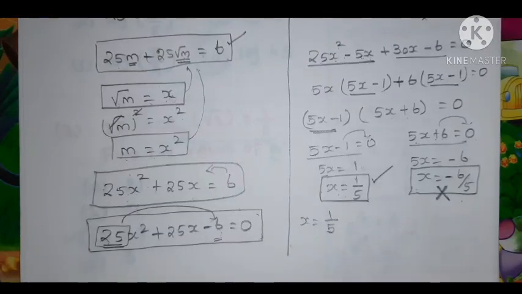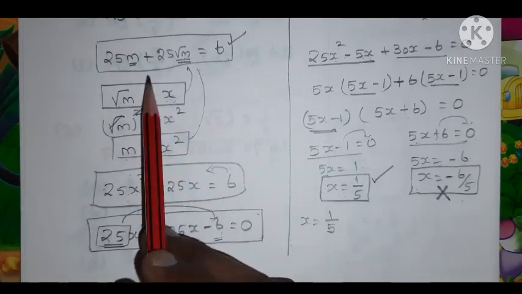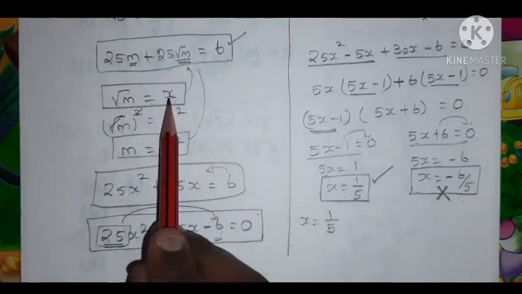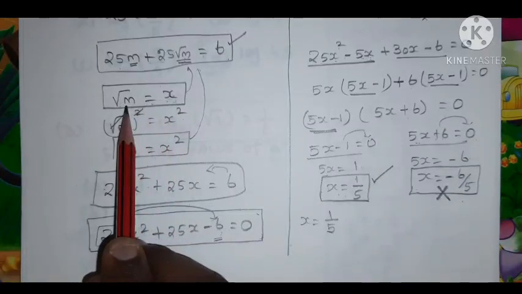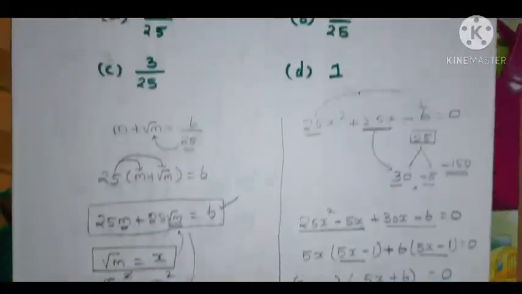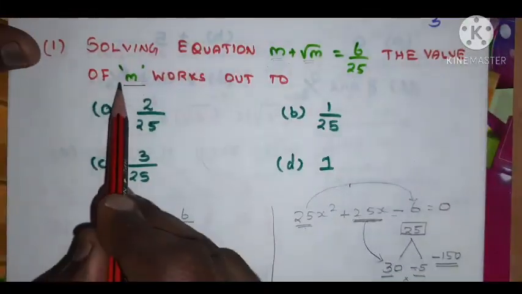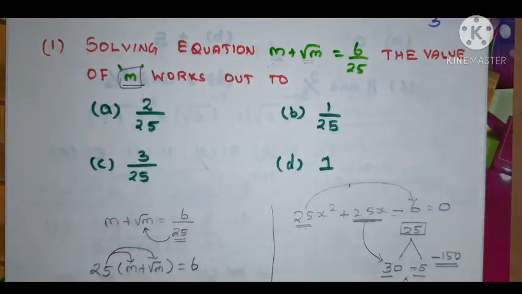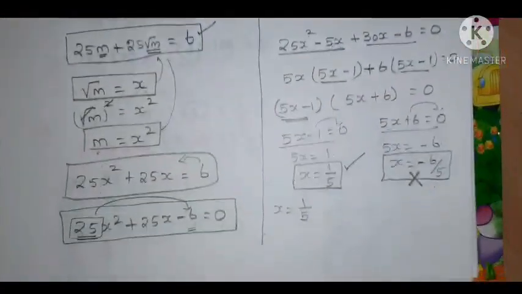Now we have to be very careful. 1 by 5 is not the answer. Look at the assumptions that we made. x is root m, where x squared is m. They are asking us to find only the value of m. Look at the question. Hence what we have to do is take up the assumption.